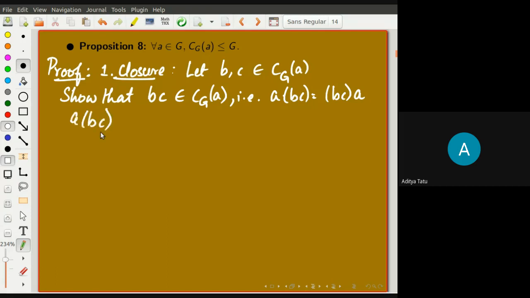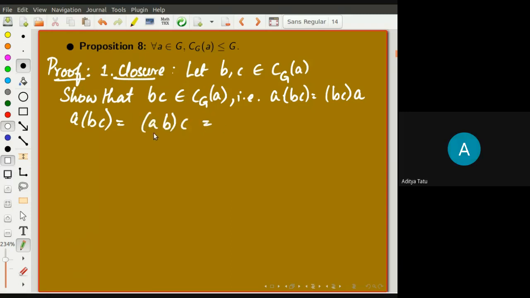A(BC) is, speak up, but it's not very difficult to see what the next step should be. I know B and C are already elements of the centralizer, so I should use that. Take A·B in brackets, associative.